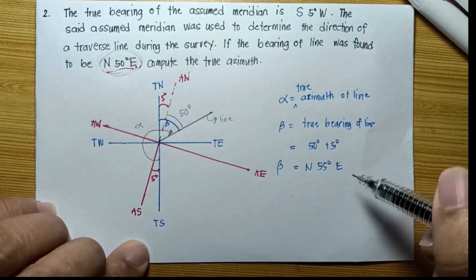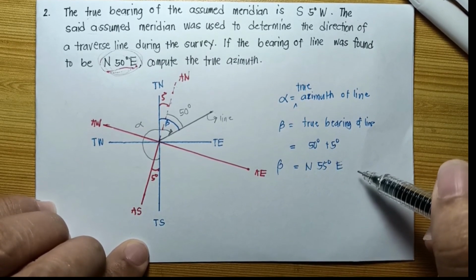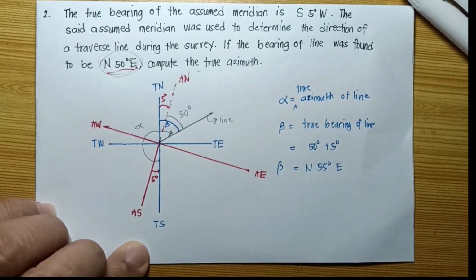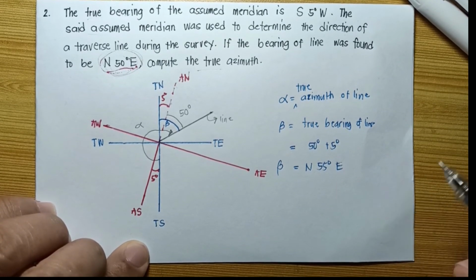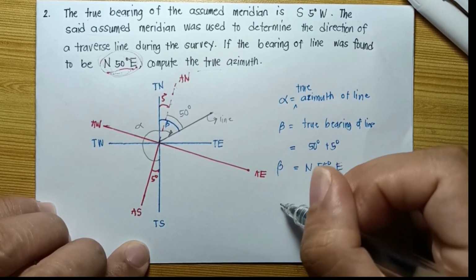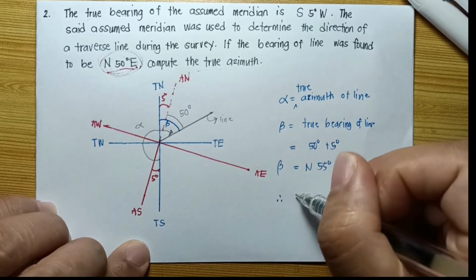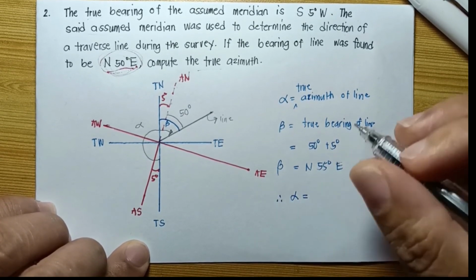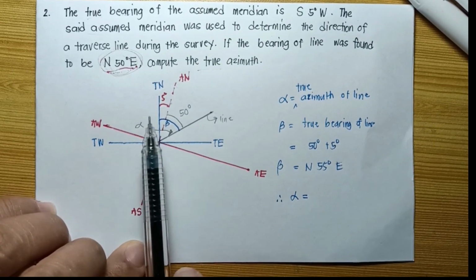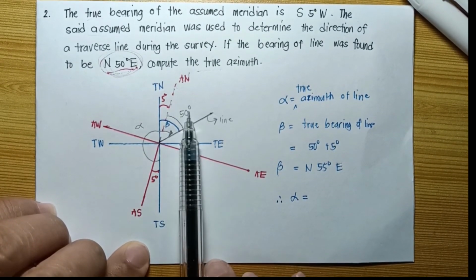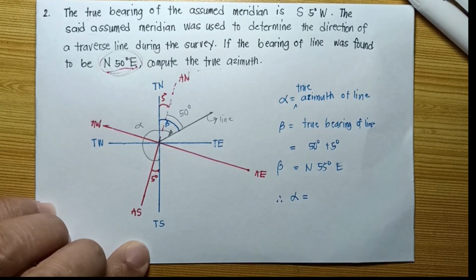So this is still the true bearing of the line, but we are required to find the true azimuth. So you need to convert the true bearing into the true azimuth. Using the previous topic, it is in the northeast quadrant, so alpha is equal to 180 plus 55.